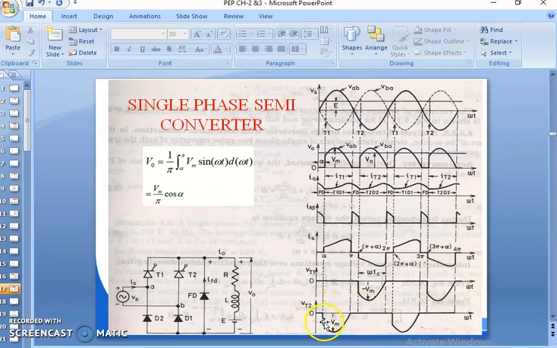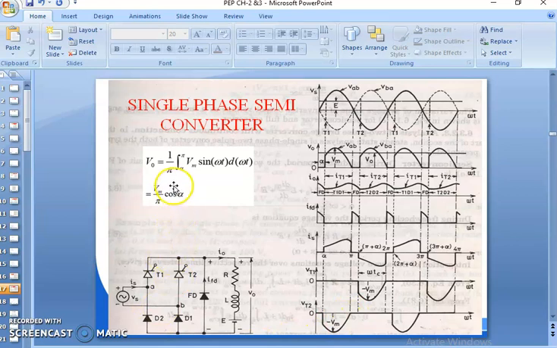The voltage across thyristor T2 sequence will be alpha to 2 pi, then 2 pi plus alpha to 3 pi, then 4 pi plus alpha to 5 pi, and so on. In this way the voltages across thyristors T1 and T2 are marked, appearing alternately during the turning on and turning off process whenever the load is driven.